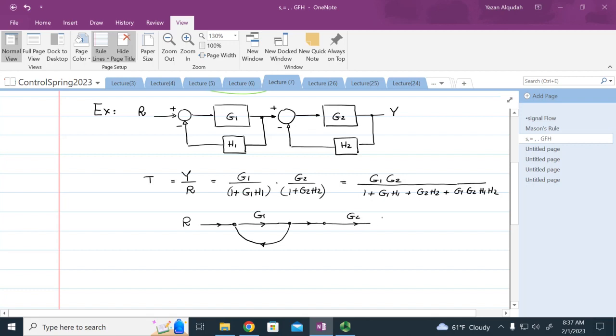We're just converting this block diagram to this signal flow graph. So this is G1. What is the gain of the feedback loop? H1. But because we have a negative sign, what are we going to make it here? Negative H1. Make sense? Negative H1.